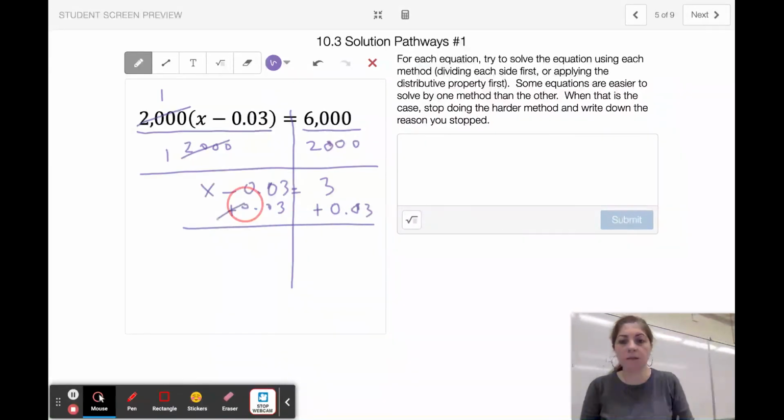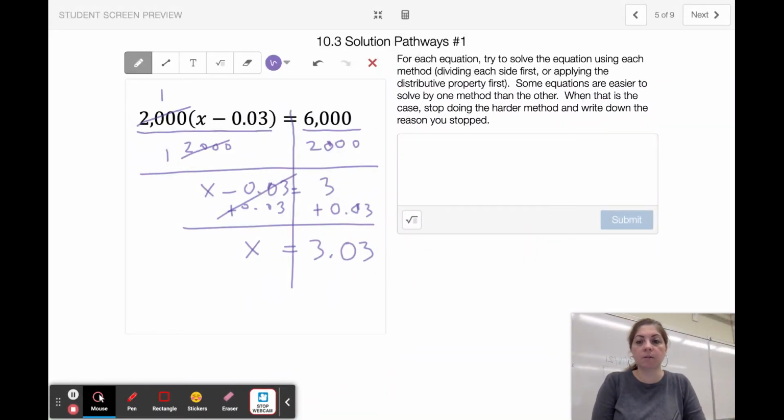So in that case, this is going to give me 0 and x equals 3.03. So that's the answer that I'm going to get. I can also solve this by distributing the 2000. The numbers are going to be a little bit bigger, but it's definitely doable.